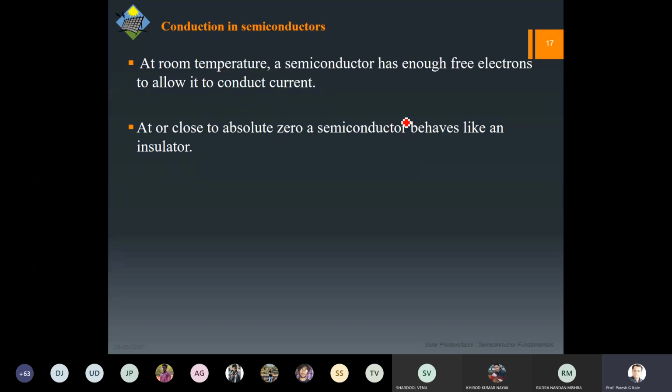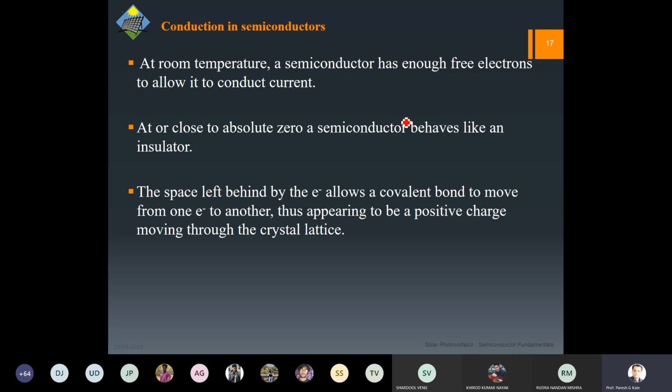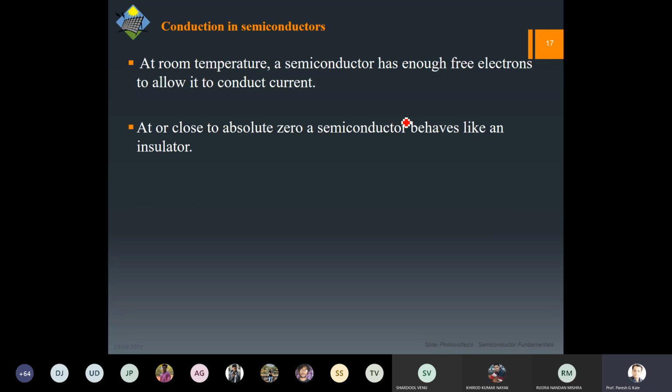So obviously, when your temperature is quite low compared to room temperature, the semiconductor is going to behave as an insulator. But when you increase the temperature, or give it some energy, it will constitute the current, so it becomes a conductor. So that's why we call it a semiconductor. Depending upon the situation, it will work either as an insulator or as a conductor.